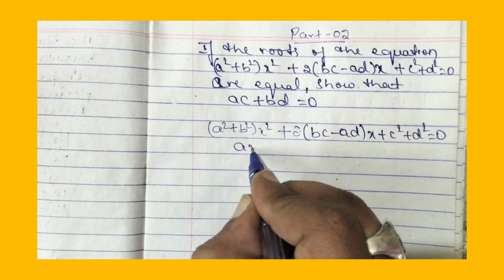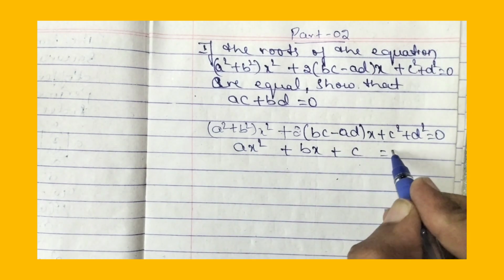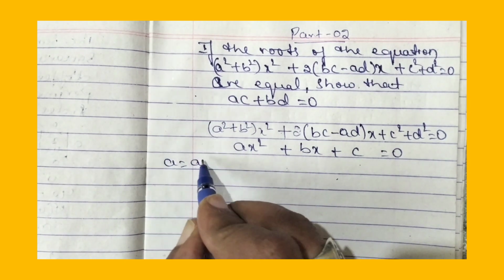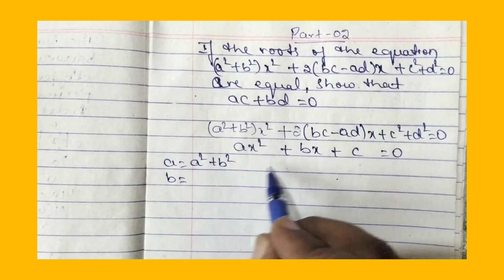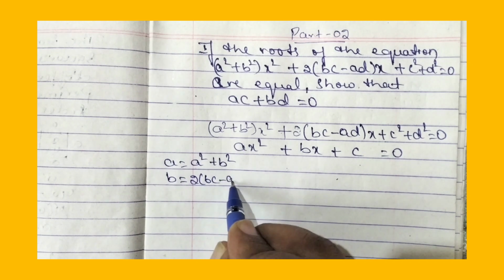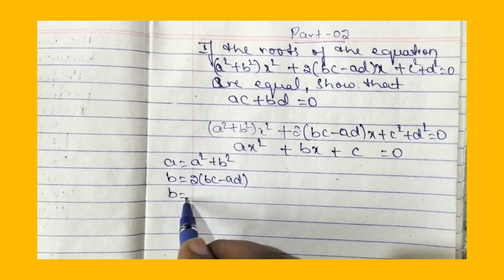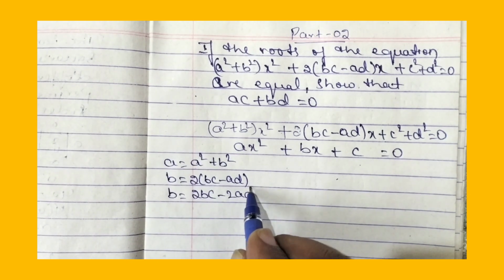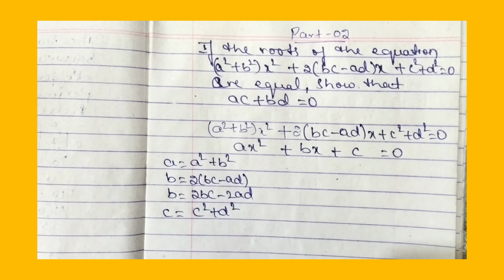Compared to the standard form ax square plus bx plus c is equal to 0, a is a square plus b square. Then b is 2 into (bc minus ad), so multiplying, b is equal to 2bc minus 2ad. Then c is equal to c square plus d square.